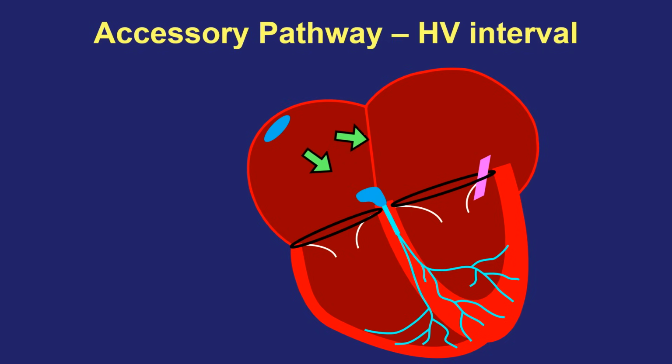If you have a sinus beat, an atrial beat, it will reach both the AV node and an accessory pathway, but because the accessory pathway tissue is rapidly conducting typically, then the AV node, even while it may get the signal first, conducts very slowly, and that gives an opportunity for a signal to go down the accessory pathway and start to activate ventricular tissue early, much earlier than would have been the case if you had waited for the signal to get through the AV node, through the His bundle, and all the way through the His-Purkinje system to activate the QRS in the normal route.